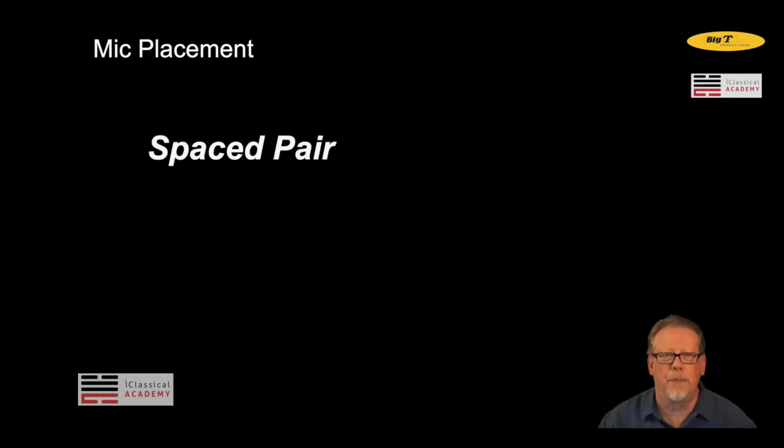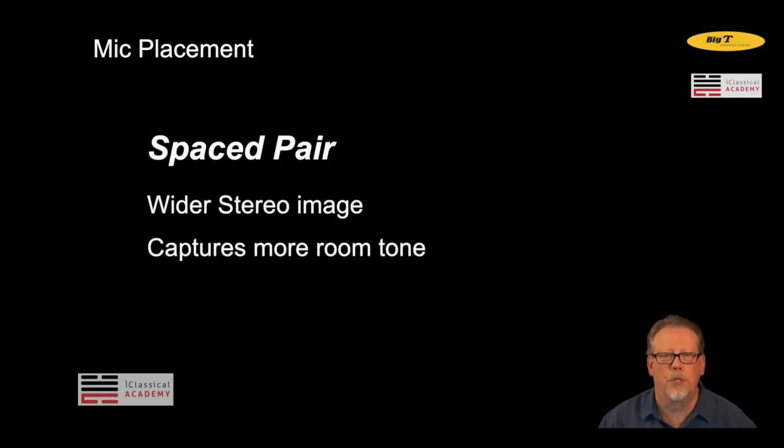The space pair typically gives a wider stereo image since the mics are further apart and tend to capture a bit more room tone. Using a space pair in a smaller environment such as this example may give you stereo imaging issues if the sound source is not stationary. In this example, the body movements of the musician are causing the sound to shift from left to right. This is probably not desirable for a solo performance.